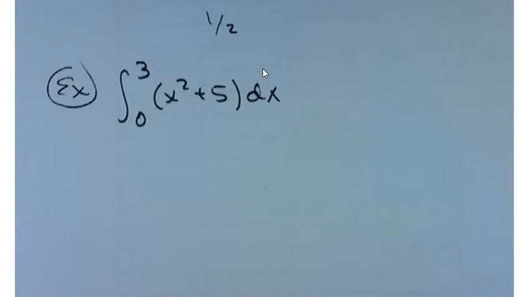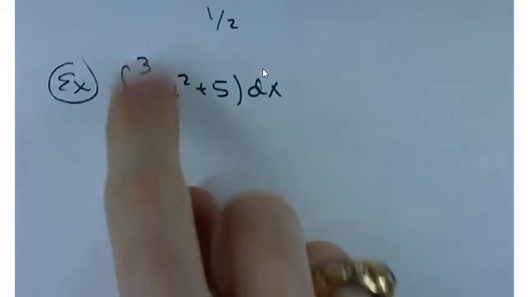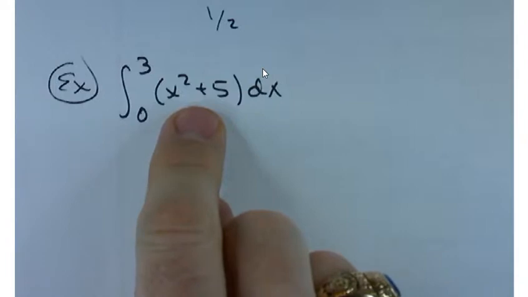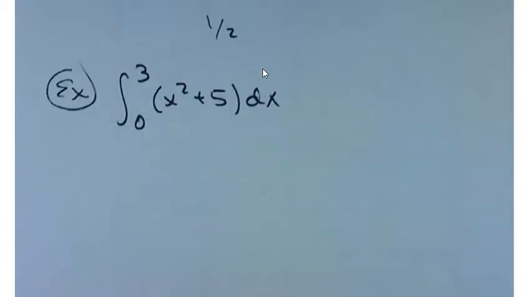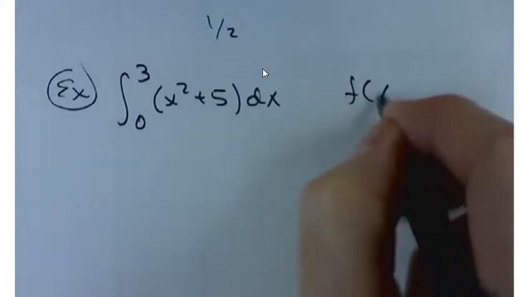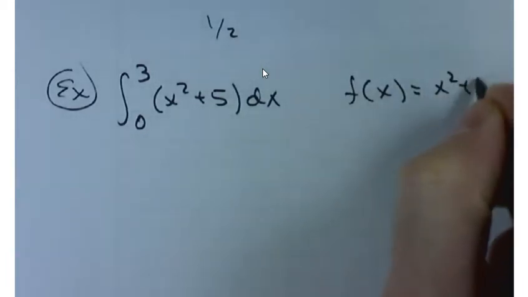So the integral from 0 to 3 of x squared plus 5 dx. Now, you can't exactly get the area between this curve and the x-axis between 0 and 3 with methods of geometry. What's the shape of this graph going to look like? A parabola. So our f of x is x squared plus 5.